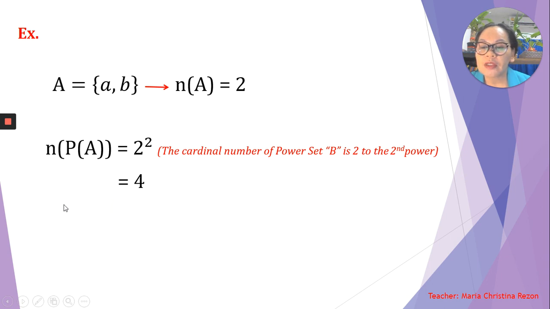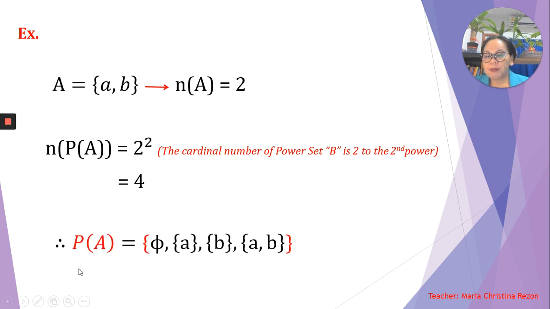Now, if we are going to list all the elements of the power set of A, then you can have P of A is equal to the set of the empty set, set {a}, set {b}, and then set {a, b}.